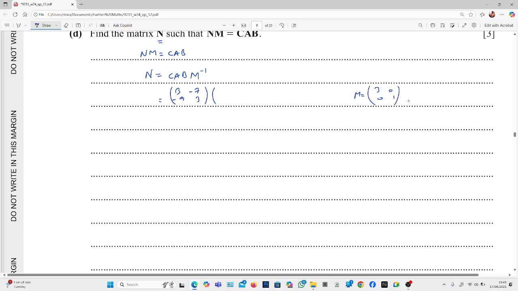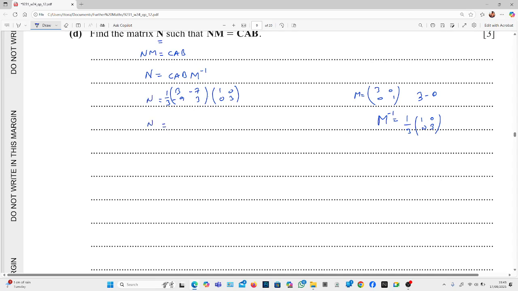Now this is the matrix M here, and if I want to find its inverse, M inverse is going to be equal to 1 over its determinant. The determinant turns out to be 3 minus 0, and so 1 over 3 into then 1, 0, 0, 3. So we're going to multiply this by 1, 0, 0, 3. And then the 1/3 can come here, so I've got matrix N.